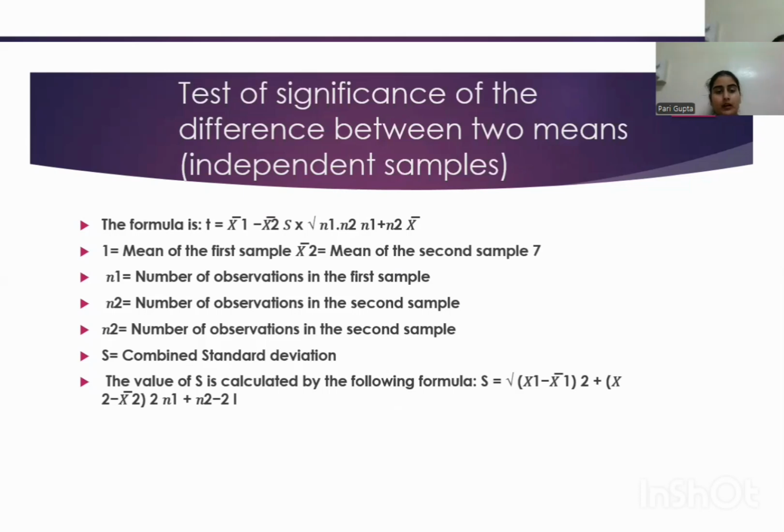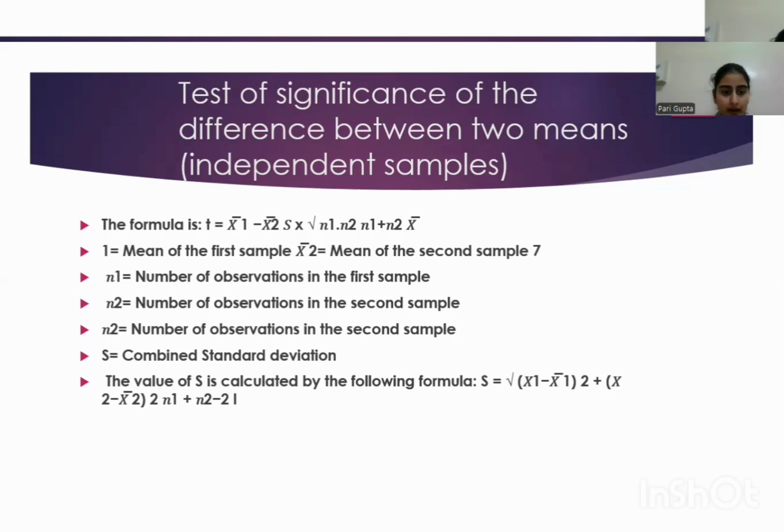Next is test of significance of the difference between two means, independent samples. The formula is t equals X bar 1 minus X bar 2 divided by S times the square root of 1 over n1 plus 1 over n2, where X bar 1 equals the mean of the first sample, X bar 2 equals the mean of the second sample, n1 equals the number of observations in the first sample, and n2 equals the number of observations in the second sample.